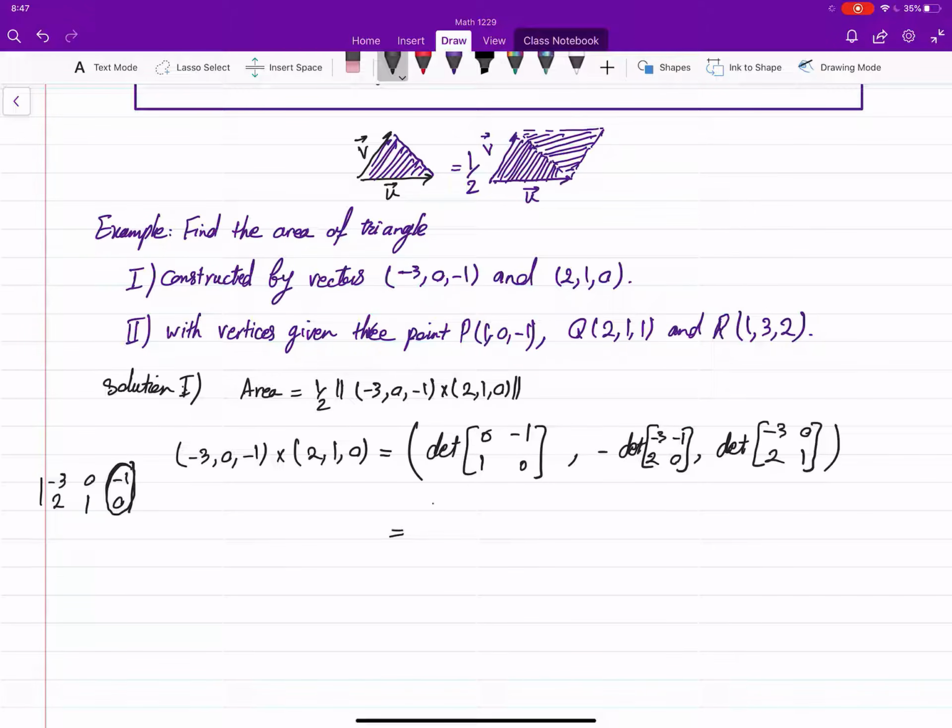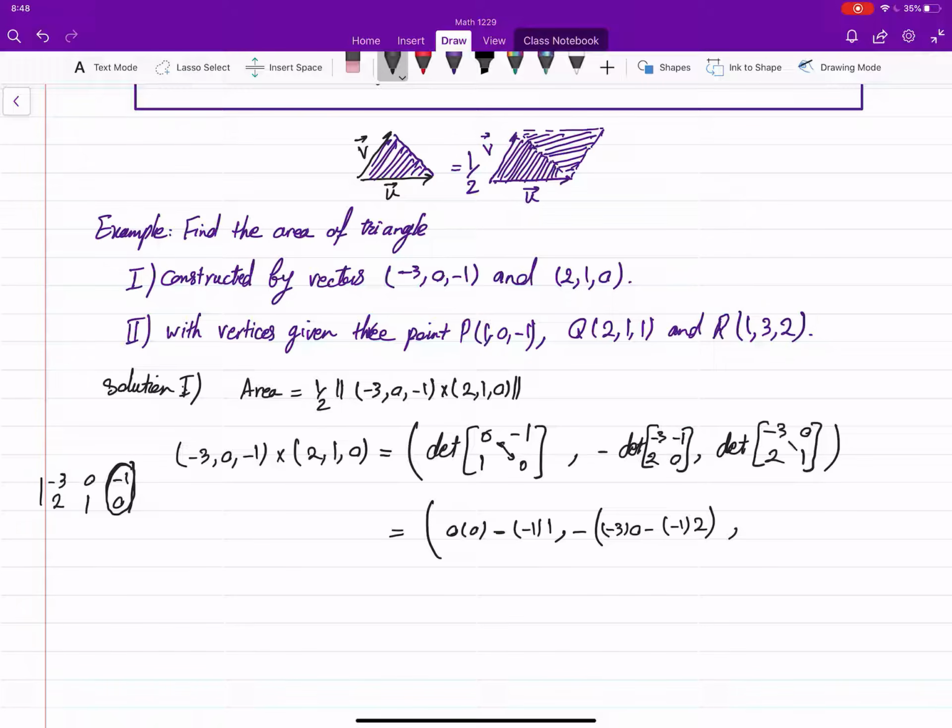We know that the determinant of a 2 by 2 matrix is the product of the diagonal elements minus the product of the off-diagonal elements. Here there's a negative sign. You have to remember that one. In the middle component you have a negative sign of the determinant, so it will be -3 times 0 minus -2 times 1.